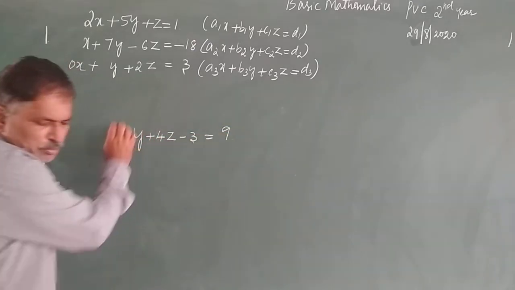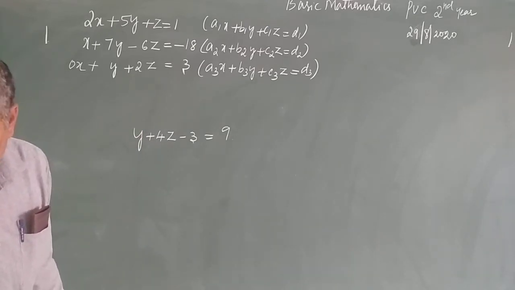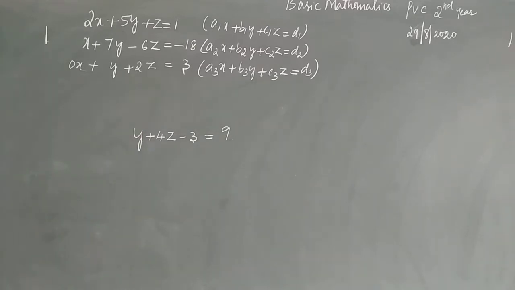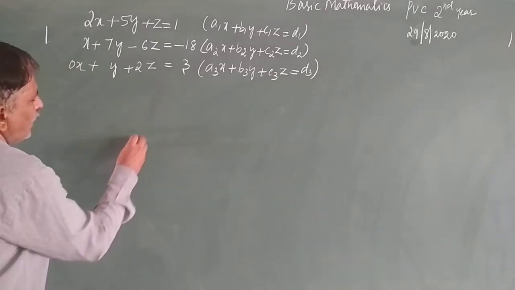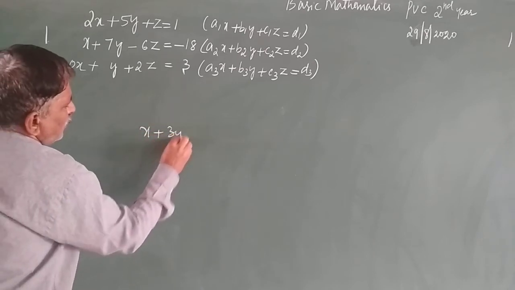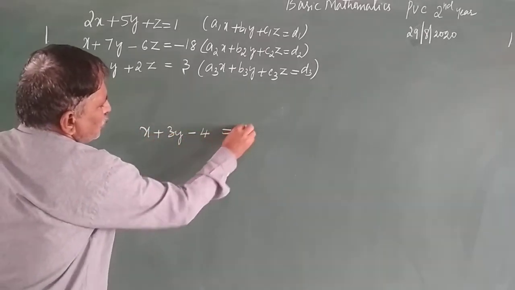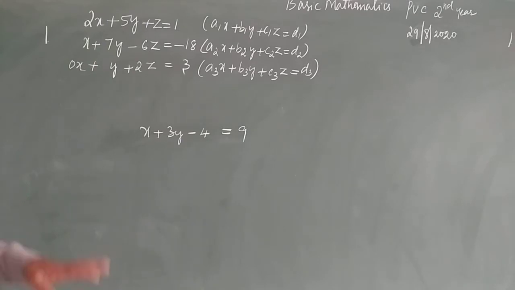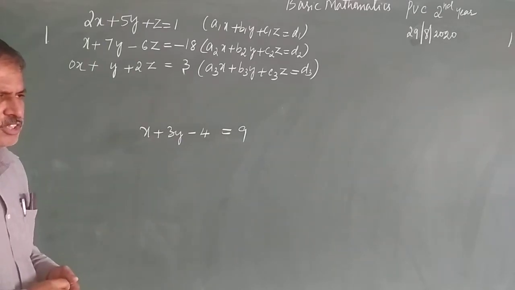Or sometimes it will be like this: x plus 3y minus 4 is equal to 9. Sometimes we get an equation like this.